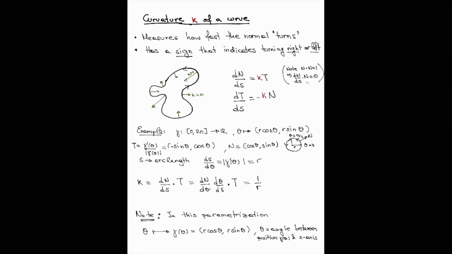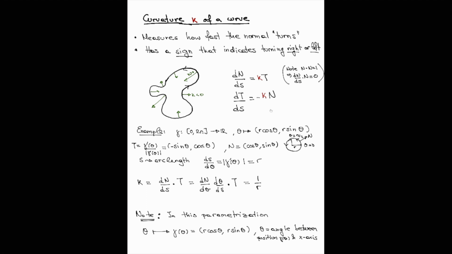Here N is a vector, so when I'm talking about the derivative of a vector, I'm talking about that component-wise. So this is a vector that is parallel to the tangent vector. Similarly, we can play the same game with the tangent vector, and when you take a derivative, you get, again, the curvature, but now it's a vector that is parallel to the normal.